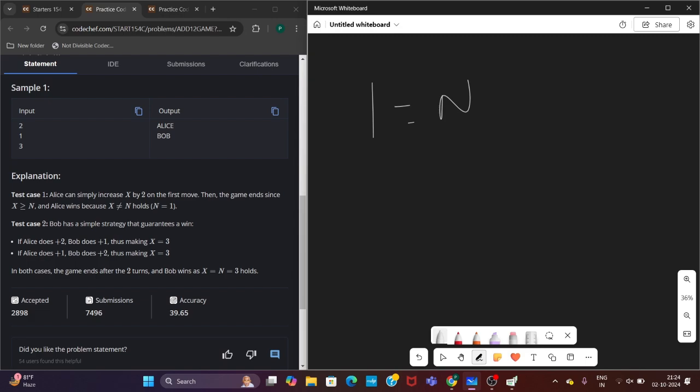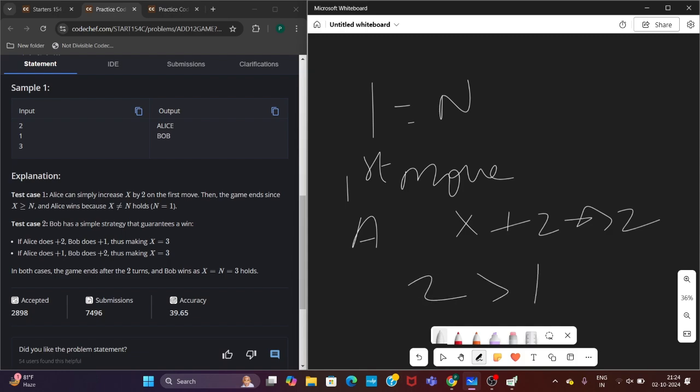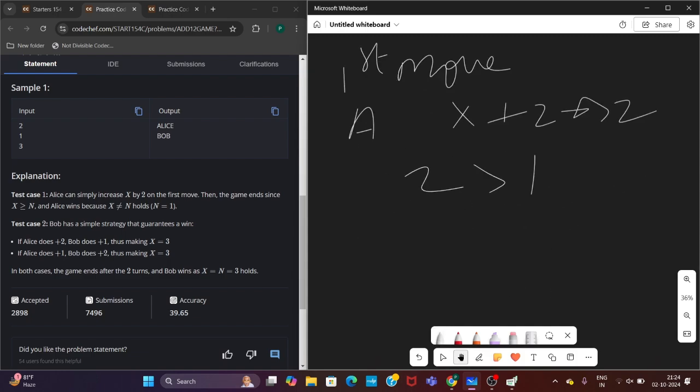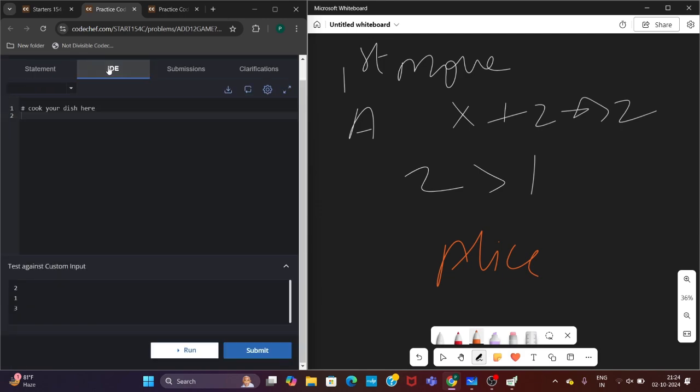In the first move only, Alice will increment x by 2, making it 2, and 2 is greater than 1. So Alice wins. There is only one condition in which Alice can win, which is n equals 1. In all other conditions, Alice will lose.